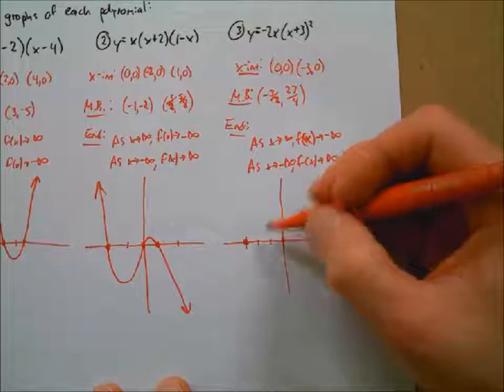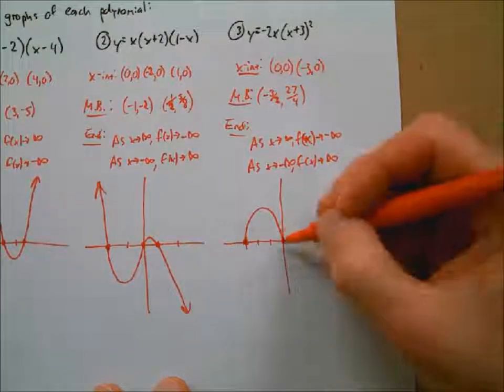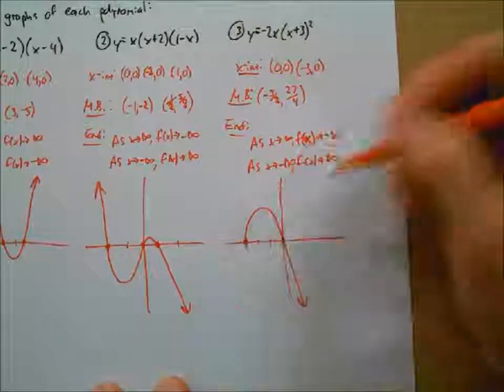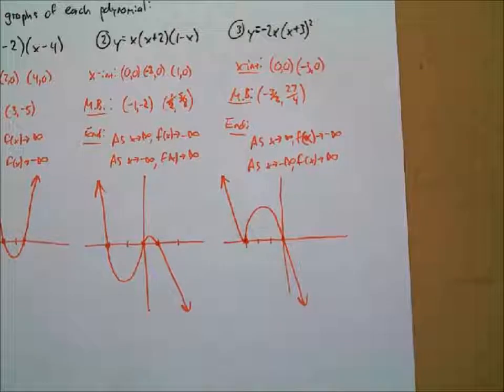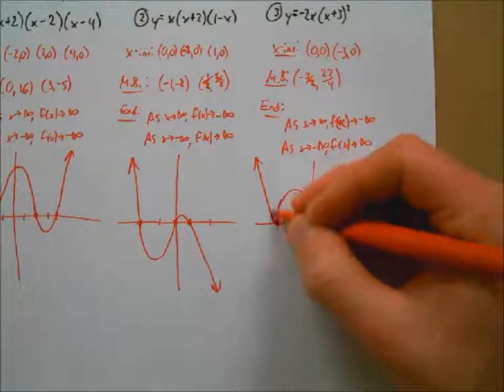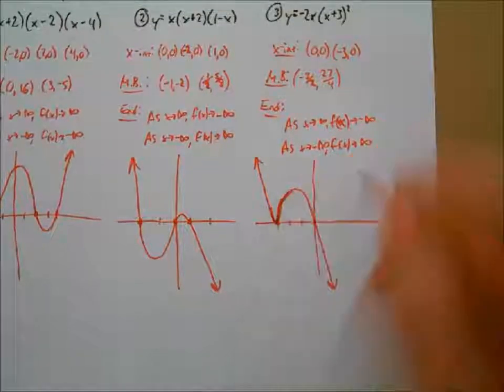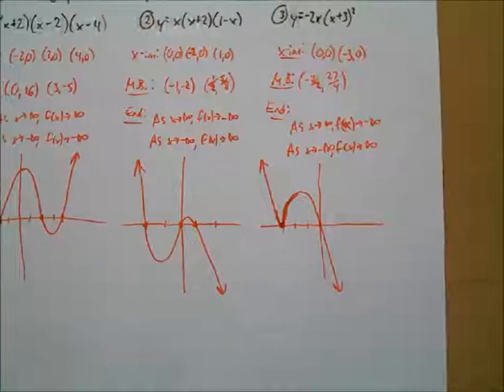It's going to look something like that. It shouldn't really be pointy like that. It should be a nice, smoother transition than that, but you get the idea. And so there's number 3.